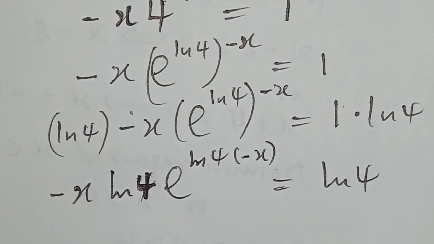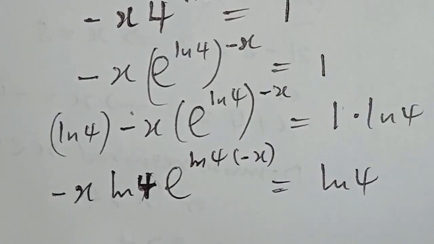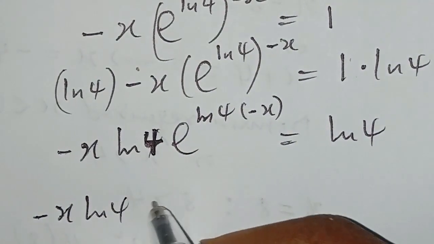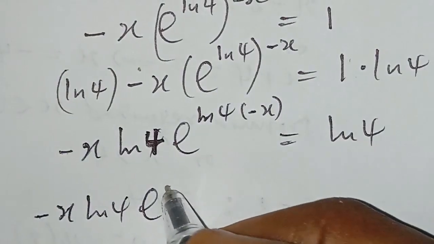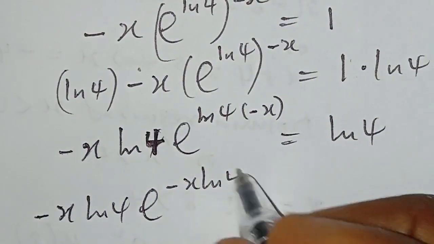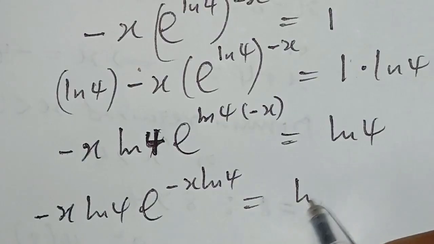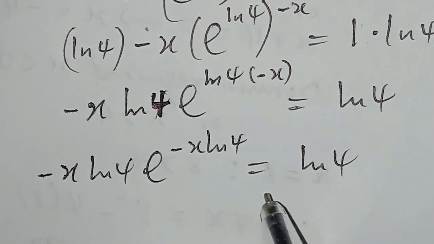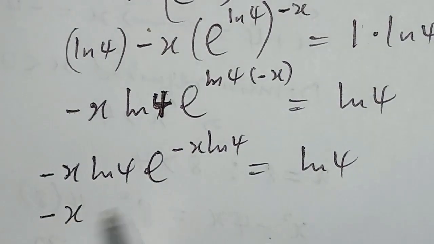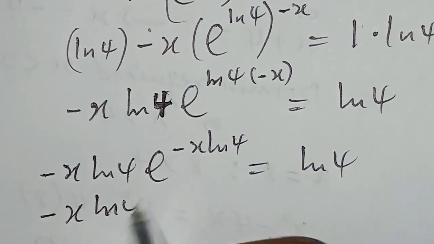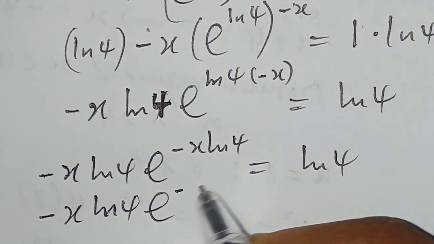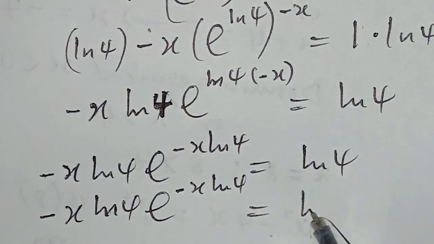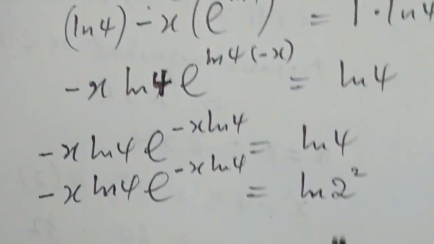So writing this properly, we have minus x ln of 4 e to the power of minus x ln of 4 equal to ln of 4. Then this can be rewritten as minus x ln of 4 e to the power of minus x ln of 4 is equal to ln of 2 to the power of 2.